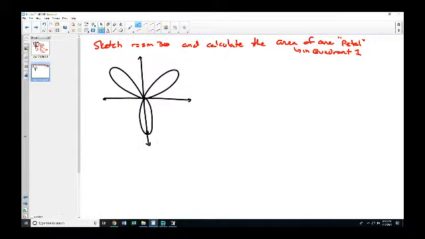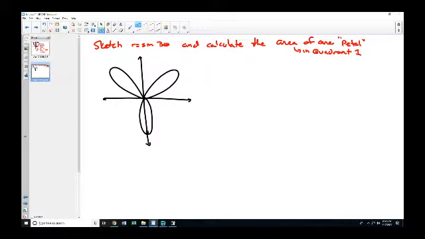And again, you can graph that in your calculator. Sine 4 theta, how many petals would it have? Sine 5 theta. I get it.